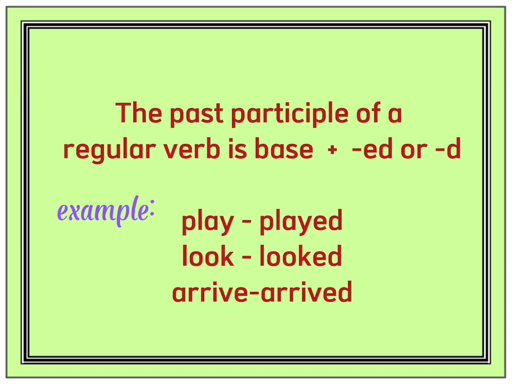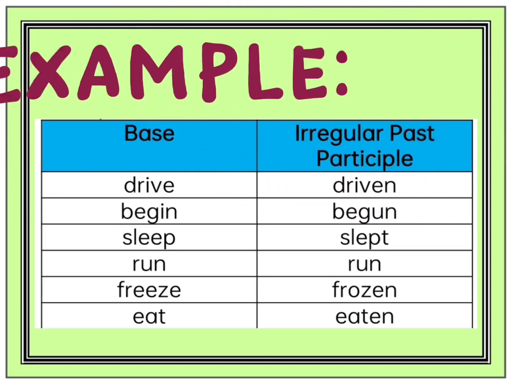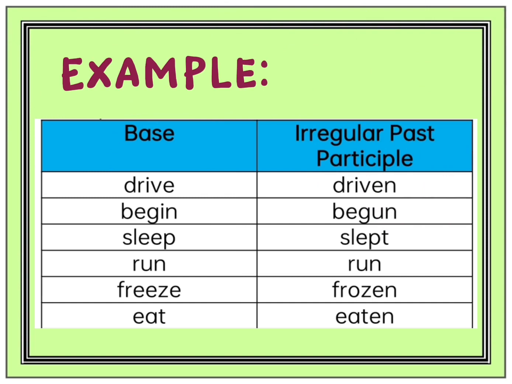The past participle of a regular verb is base plus ed or d. Example: play, played; look, looked; arrive, arrived. Irregular past participles can be formed by changing a vowel, adding a new ending, or doing both.